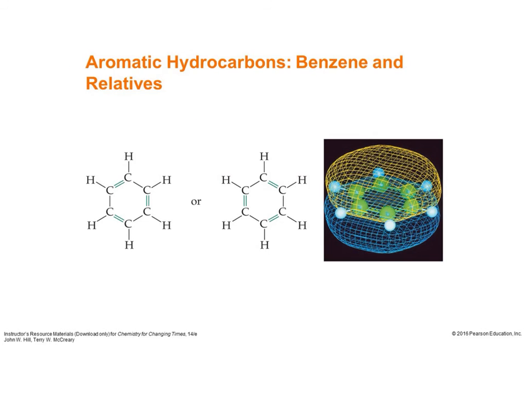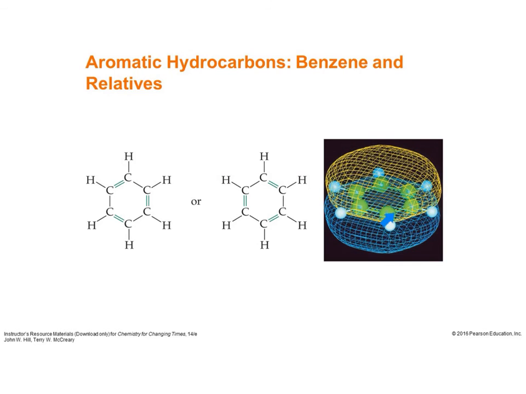Here's a figure from your book for benzene. Once again, you can see the alternating patterns of double bonds that you have in benzene. And what they're trying to do with this figure is imply that neither of these two structures really exist. Instead, you have a hybrid structure where you have the electrons in these double bonds continually moving between all the carbons.